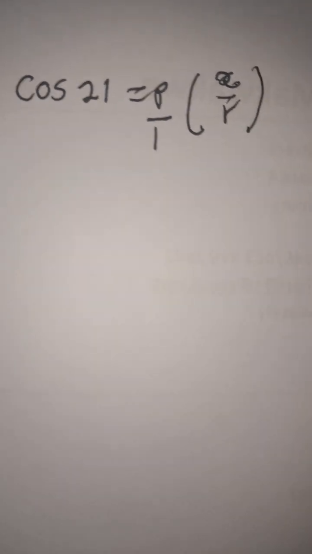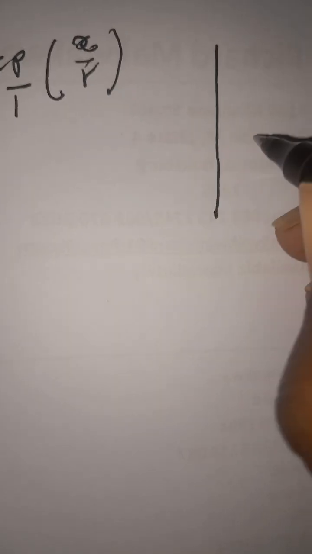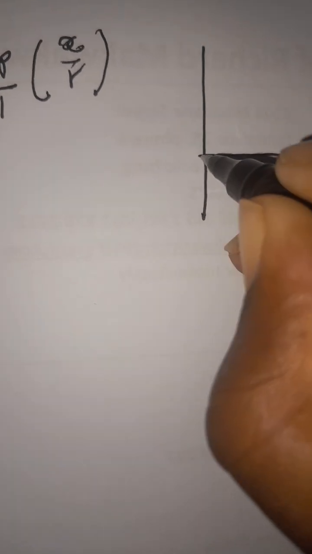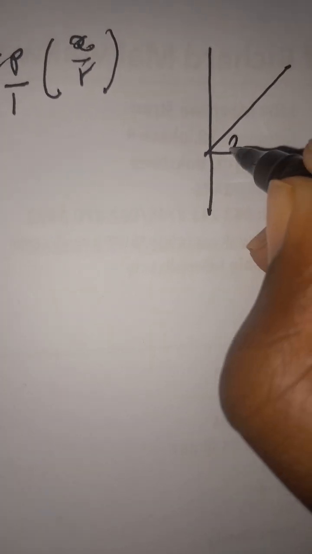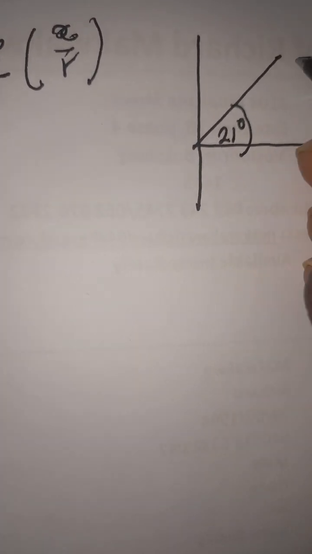At 5.1, remember that they said cos 21 is equal to p. So this is the same as p all over 1. Remember, for cos, guys, it's x all over r, adjacent over hypotenuse. So if we put this in diagram form, this will be in the first quadrant where we have 21 degrees.